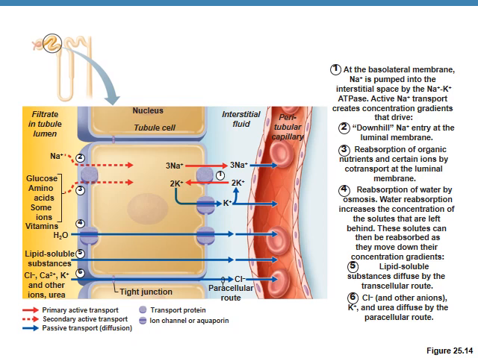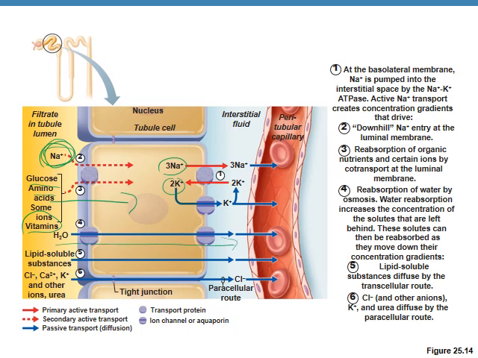Again, this slide is just showing you what's happening to some of these ions and solutes in the filtrate. Sodium is co-transported with a lot of solutes, including glucose, amino acids, and some other vitamins. So basically, to get these across, you have to have enough sodium. They have to be co-transported, or moved at the same time.